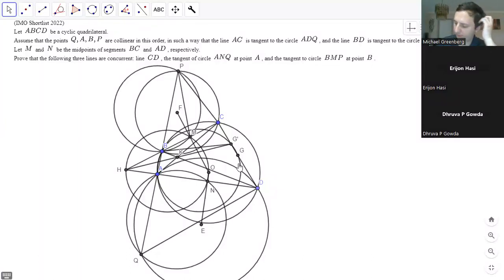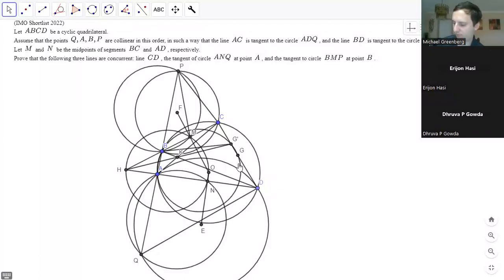Okay, that's probably pretty helpful. Which is also equal to angle GBC by similarity, if I'm not wrong. GBC. Yeah, that's going to be really helpful.